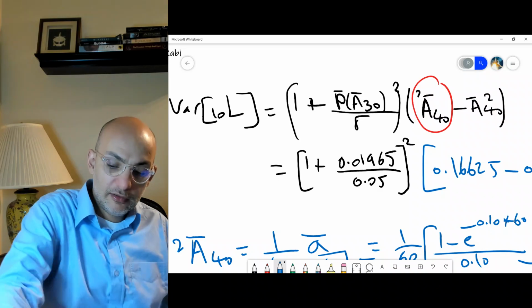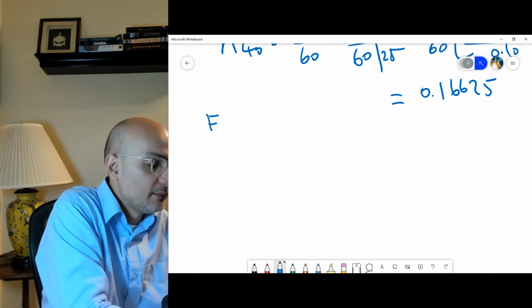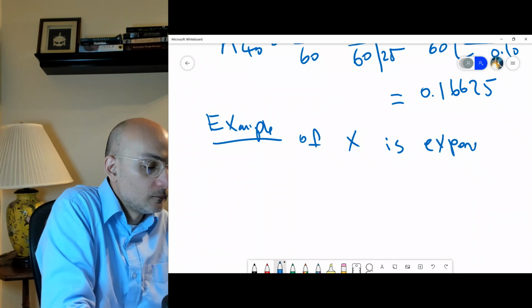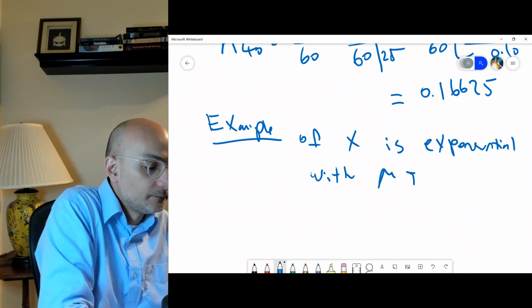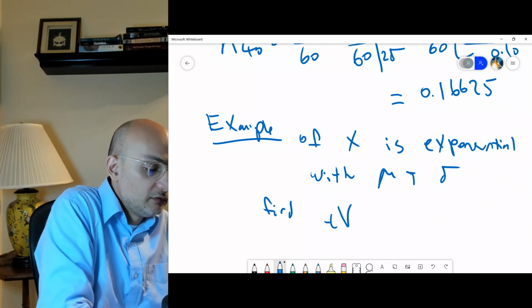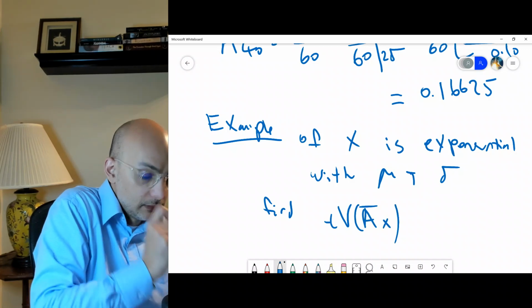As always, we take the second example, the example where x is exponential with the mu, the general form, and delta. Find the reserve tVax, right?